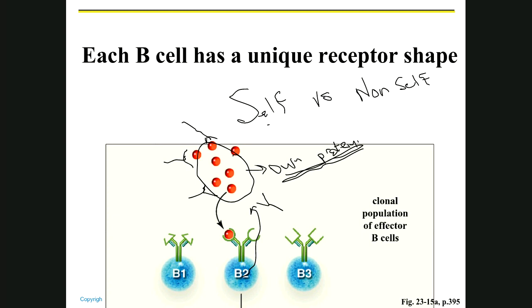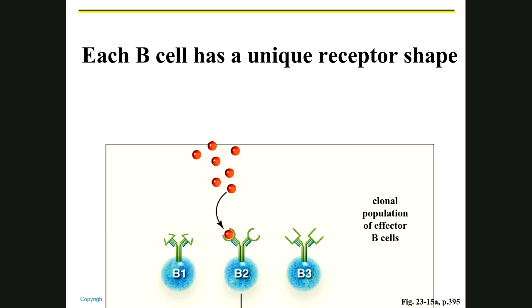So we need to know ahead of time if these B cells will attack self. And so before they finish their school, before they graduate and they become immunocompetent, we're going to test them. And they're going to take 2 tests.